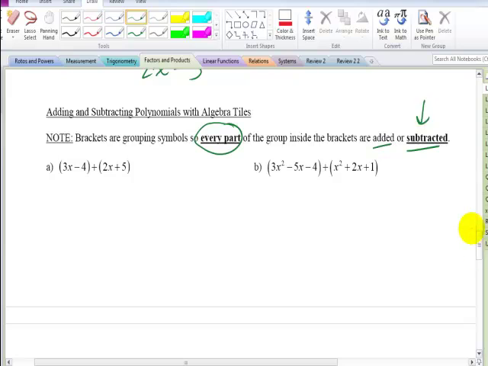Okay. So technically what we're doing is you want to start with this one and draw that. So draw 3x minus 4. Then you want to add a plus 2x, and you want to add a plus 5.